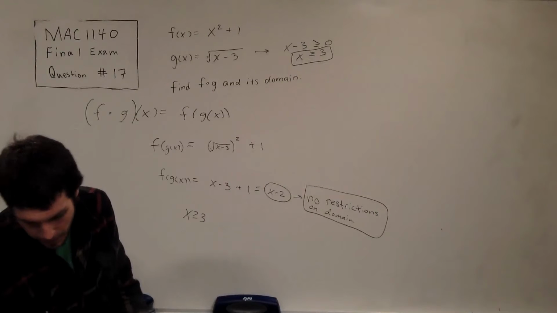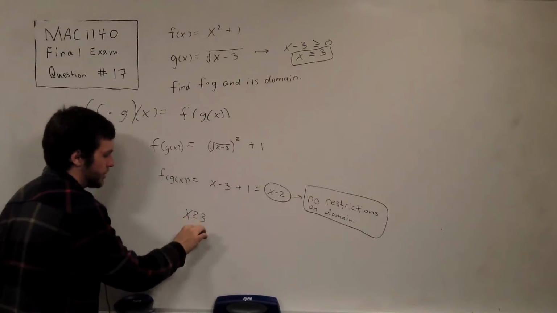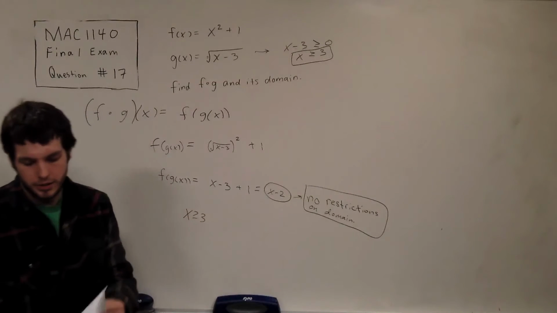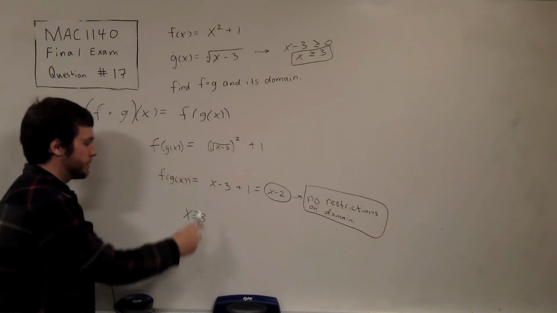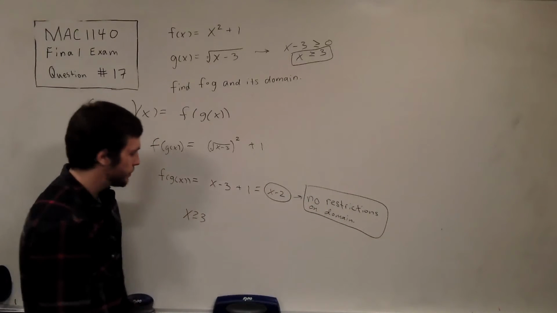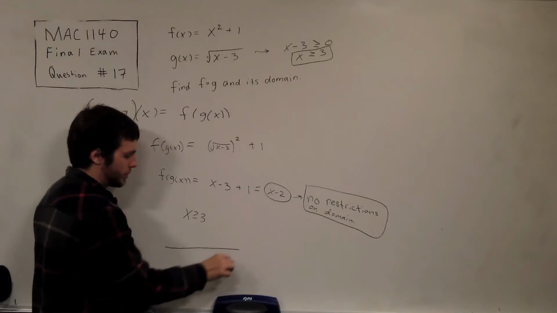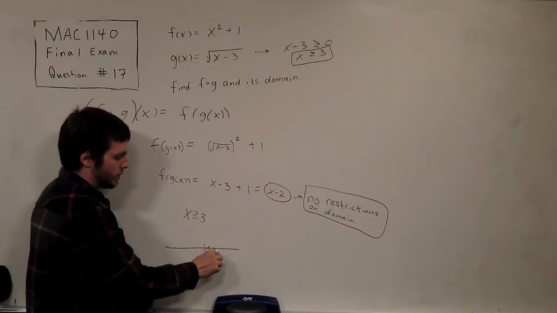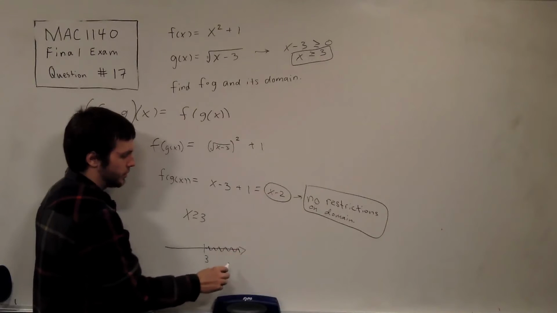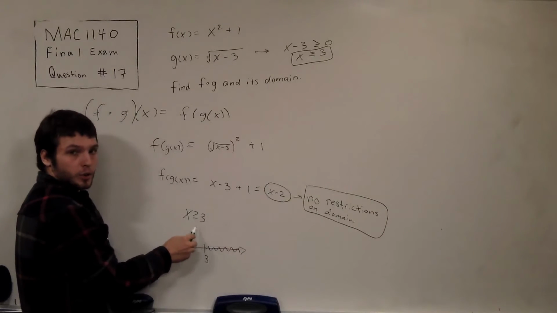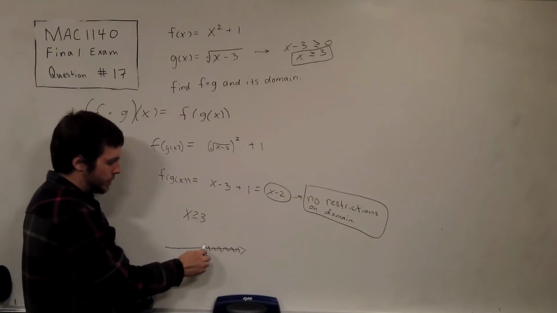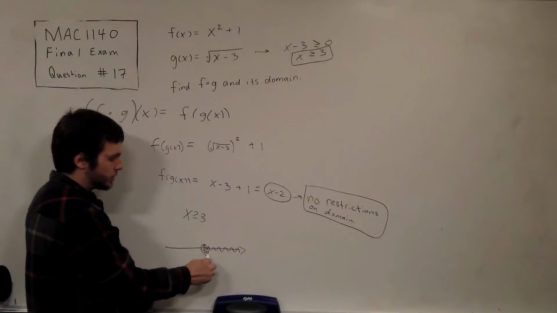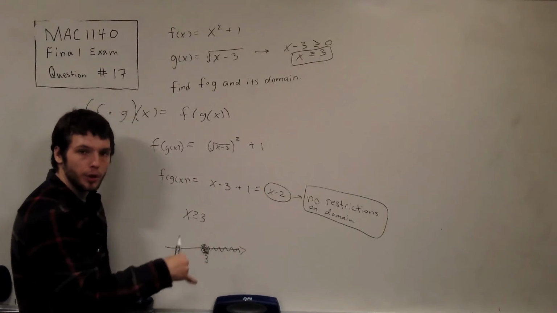In interval notation, the answers are given in interval notation, so you have to convert this inequality to an interval. Think about this. Here's a number line. Here's 3. Greater than means on this side, so I'll shade that off to infinity. Greater than or equal to means we can put a closed circle on the 3. We include the 3.